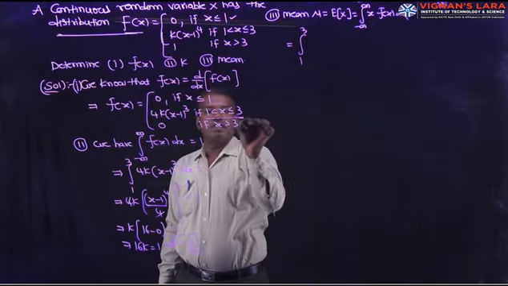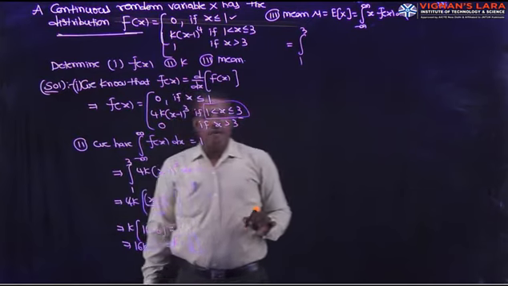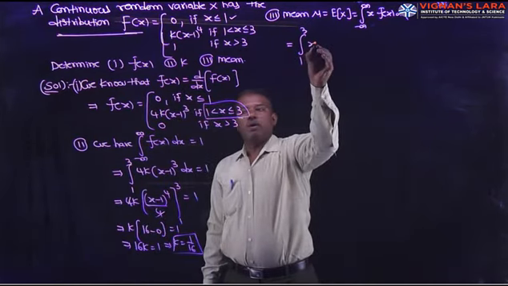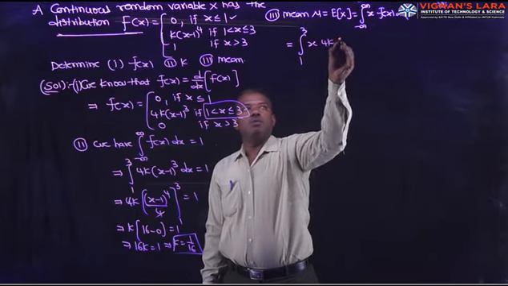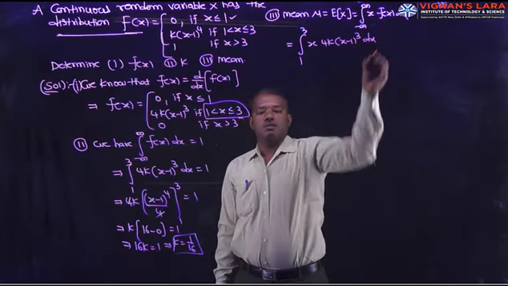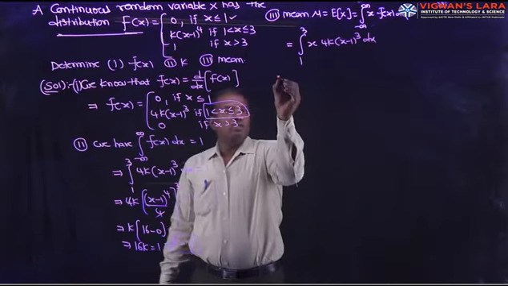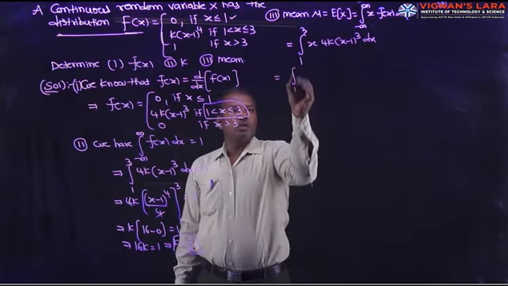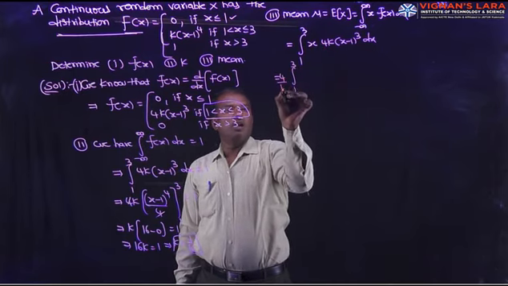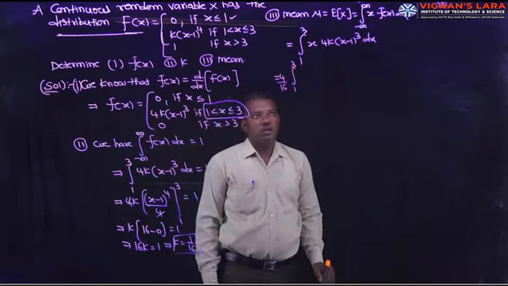This is the interval, and in the remaining cases it is 0. What is f of x? 4k into (x − 1)^3 dx. And what is the value of k? 4 into the k value, 1 by 16.